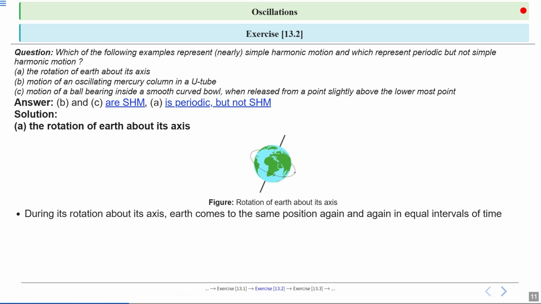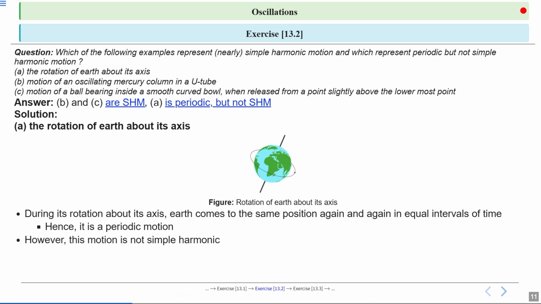Periodic motion just means any motion that repeats itself after a certain period. So, we can say that the Earth's rotation is definitely periodic motion. It has a fixed period which is 24 hours, and every point on the surface comes back to its original position after each rotation.